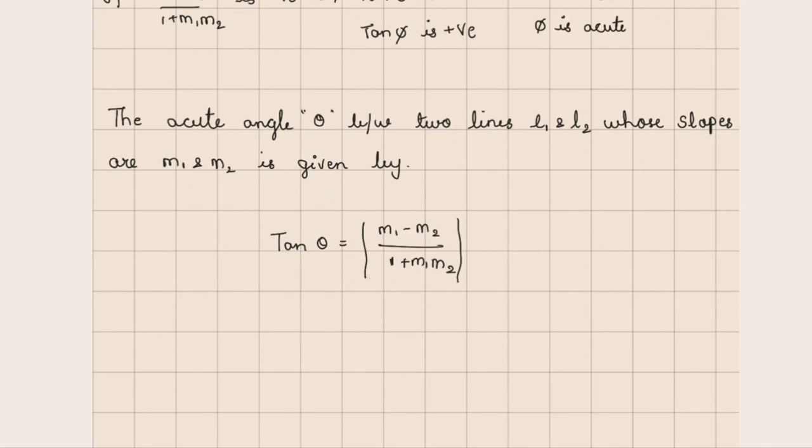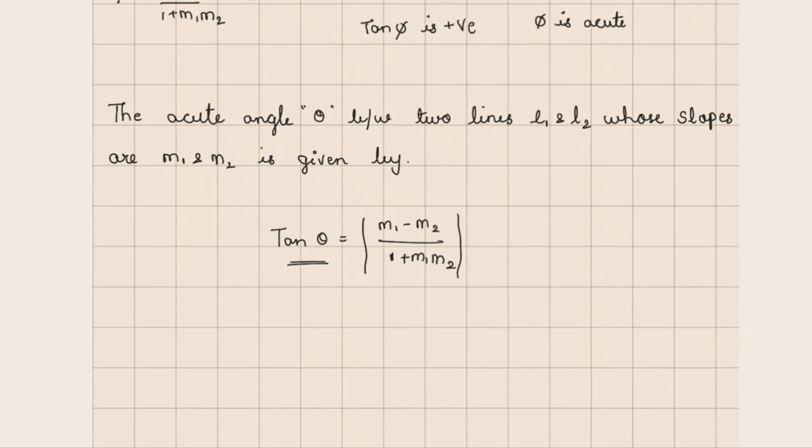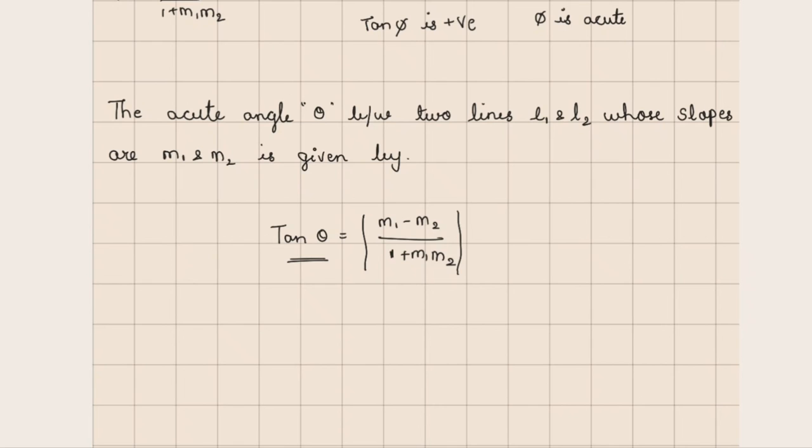Here we kept the modulus because whether m1 minus m2 by 1 plus m1 into m2 is positive or negative, the modulus gives a positive quantity, so theta is acute. So the acute angle between any two lines with slopes m1 and m2 is given by tan theta equals modulus of m1 minus m2 by 1 plus m1 into m2. So this is the final result.